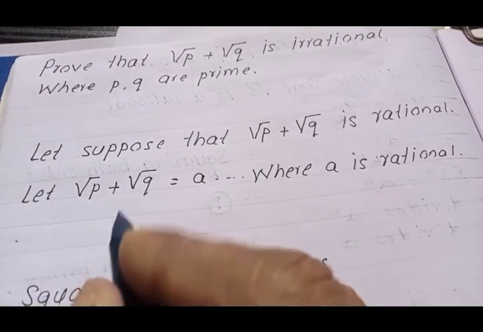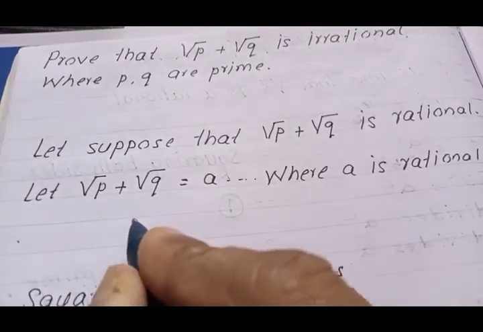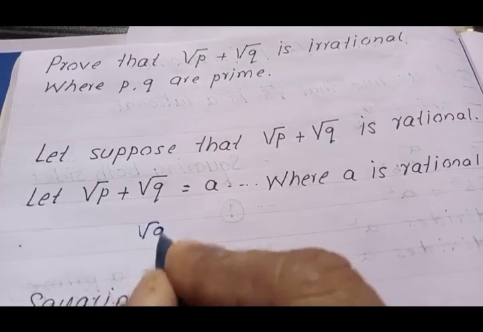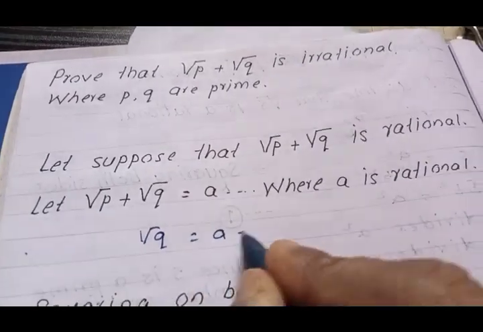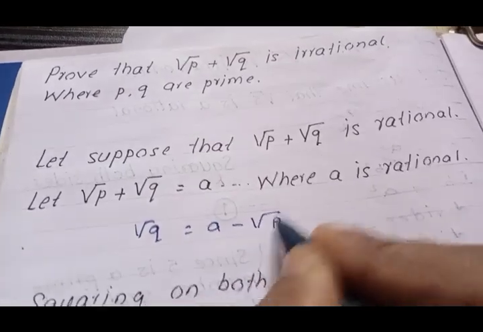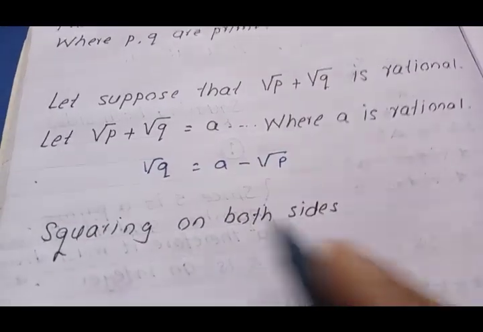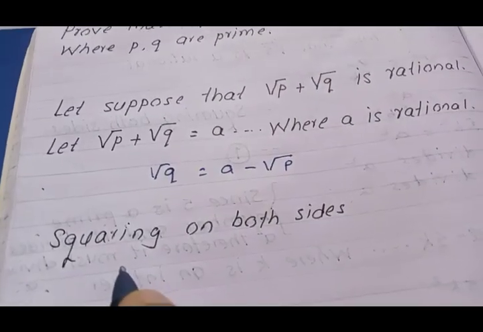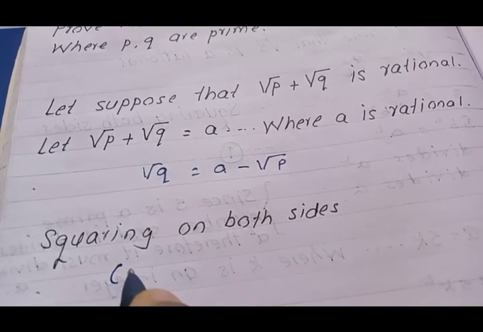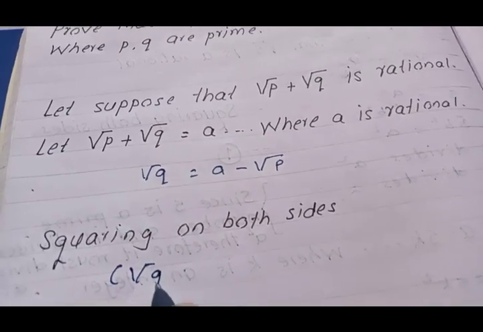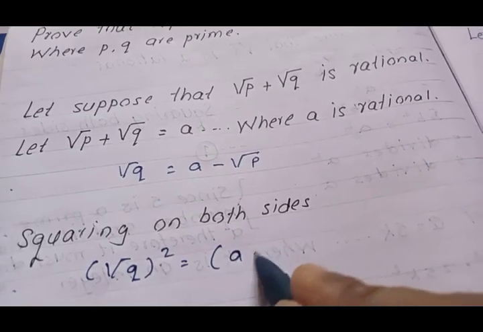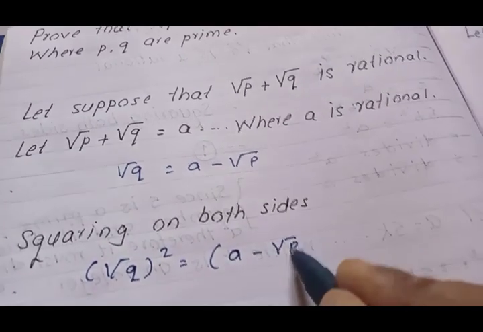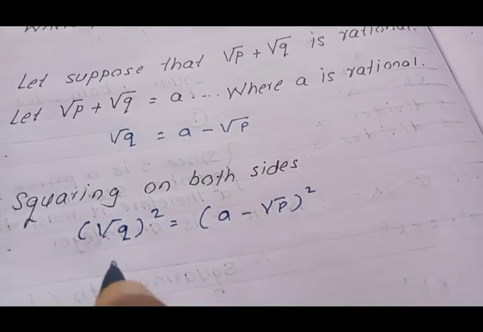So therefore √q equal to a minus √p. Then squaring both sides, (√q) square equals (a minus √p) square.